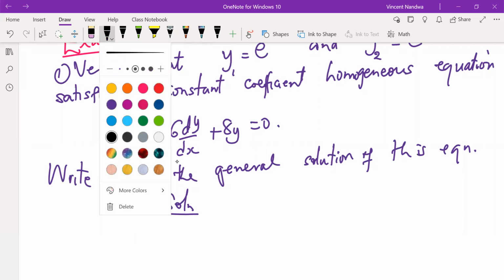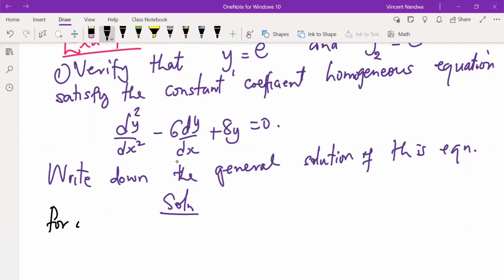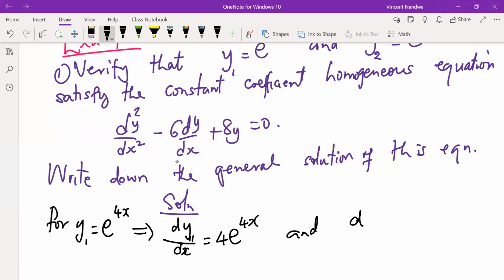So for y1 equals e raised power 4x, dy1/dx is given by 4 e raised power 4x, and the second derivative of y1 with respect to x will be 16 e raised power 4x.